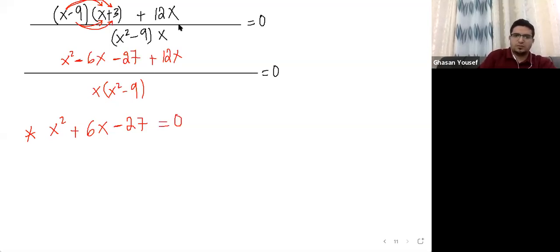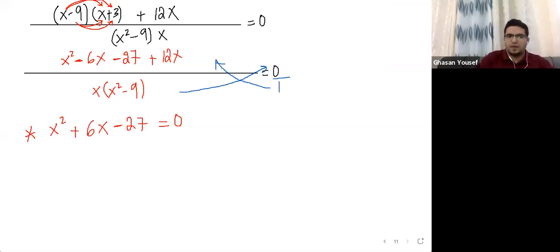Why? Because when I cross multiply, this 0 is over 1 actually, so I get 1 times this. We're not going to use the denominator because when we cross multiply, this will be 0, but we're going to use the numerator only. So now x squared plus 6x minus 27.